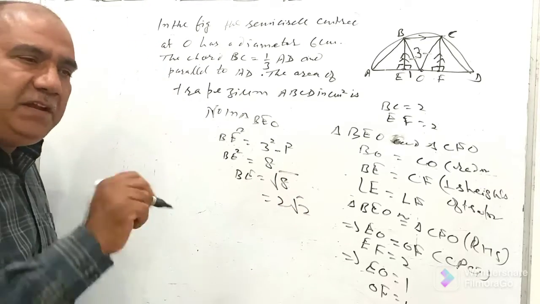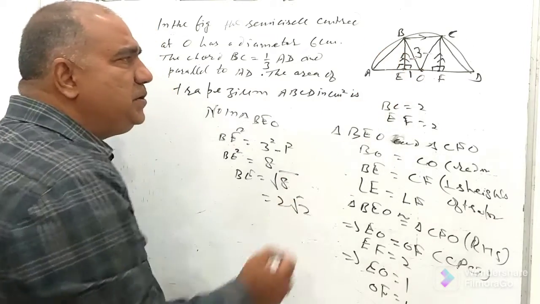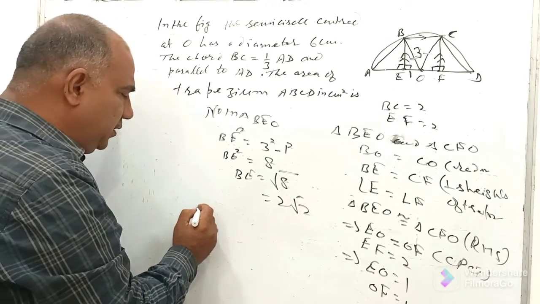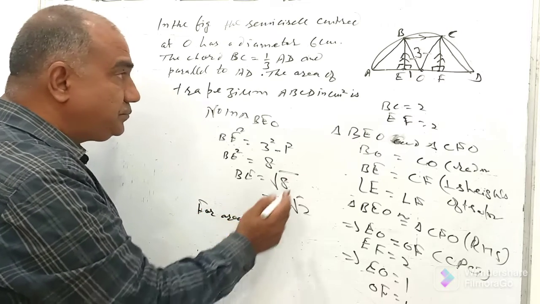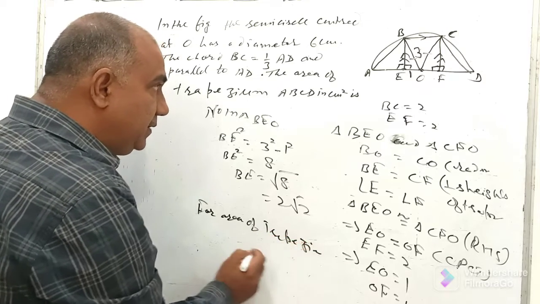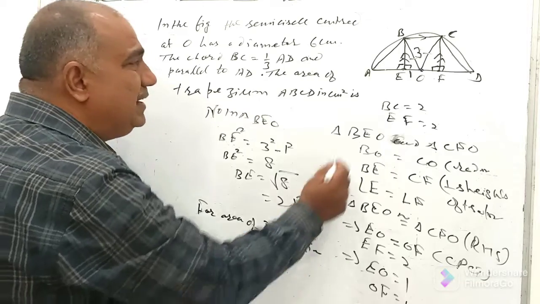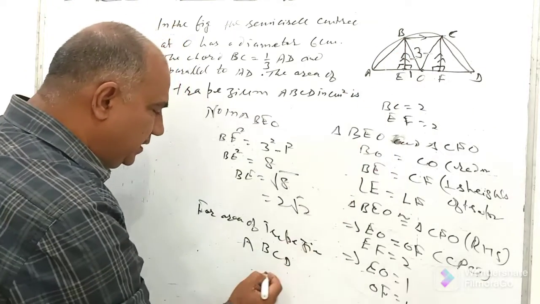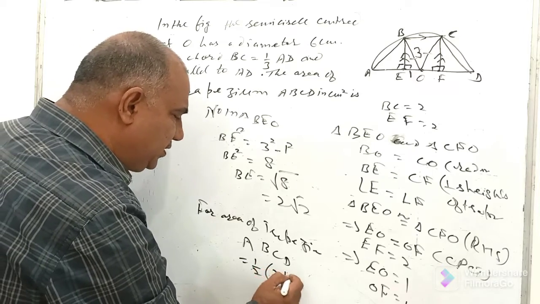For finding out the area of the trapezium now, BE is the altitude of the trapezium, and the formula for the area of trapezium ABCD is half into the sum of parallel sides into height. One side is 2, another is 6.